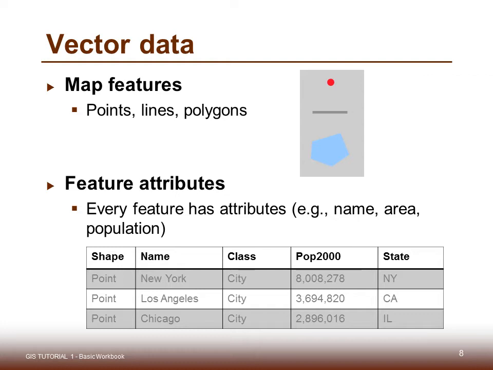So we use those shapes in vector data to describe those and to map them out. In the example on this slide, we see that this data has used points to identify the location of cities, and then in the attribute table, information about those cities is provided. So we see the name, the class, the population, the state, and so on.